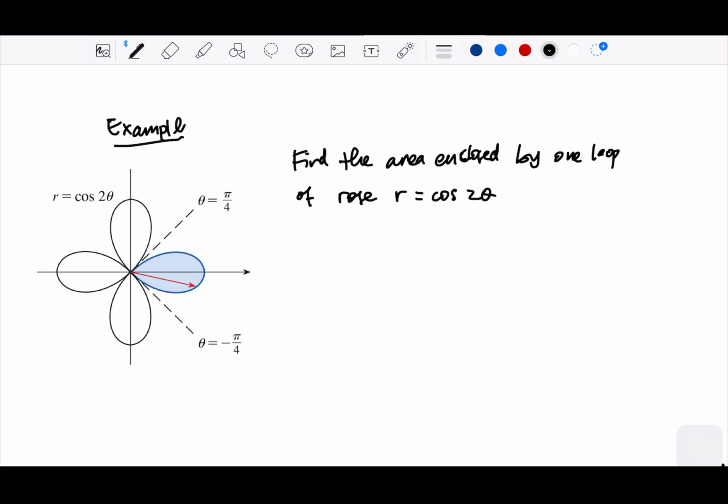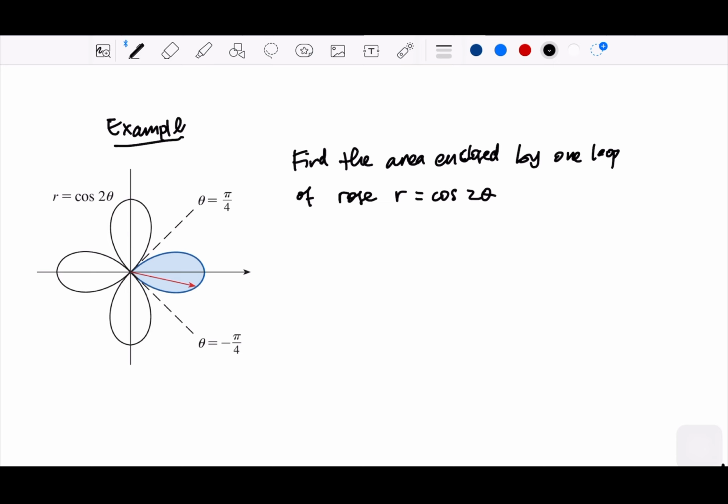If the question doesn't give you the picture, then you need to draw it first. You need to draw cosine 2 theta, and then you need to find the a and b, right? The endpoints of your integral, the sector integral. So from the rose curve, do you know how to start to draw this?